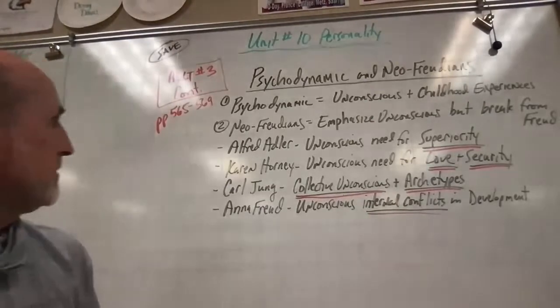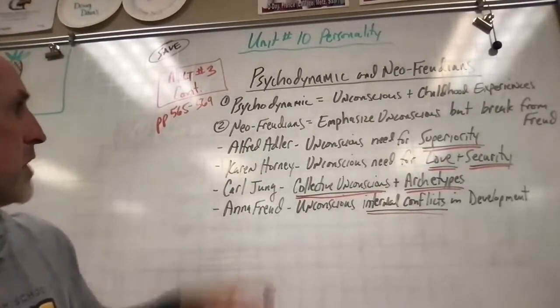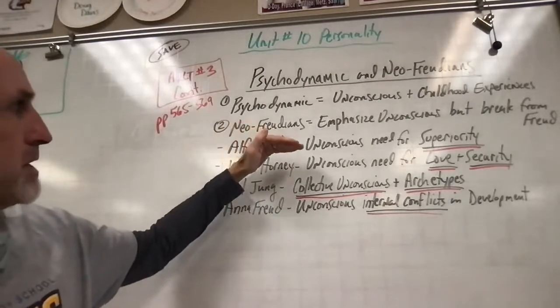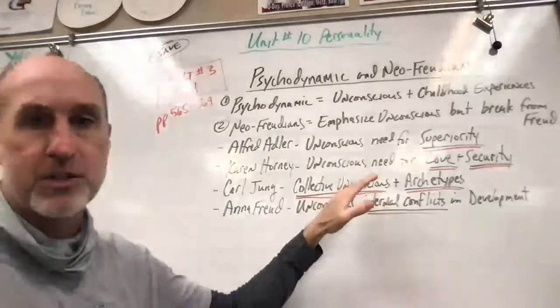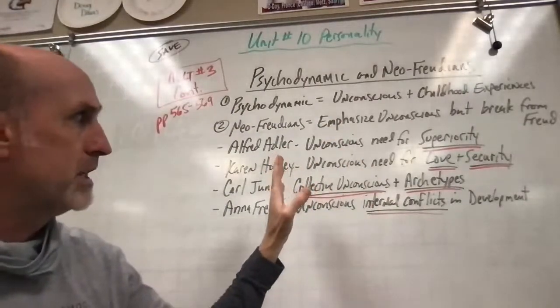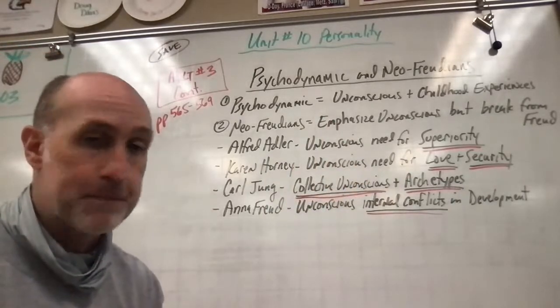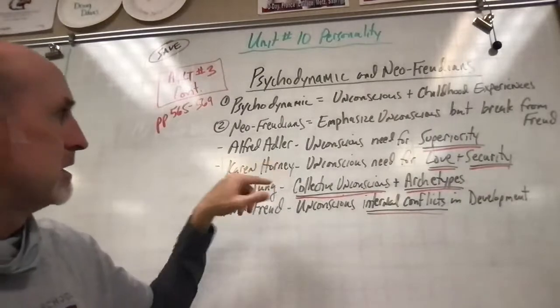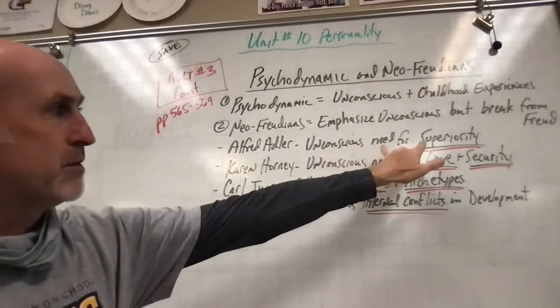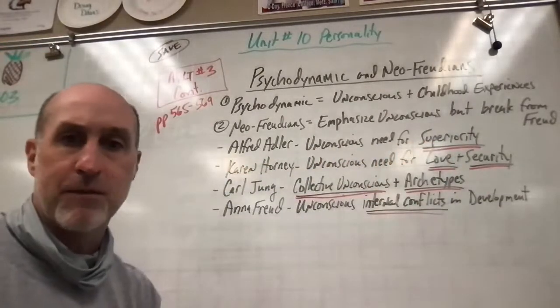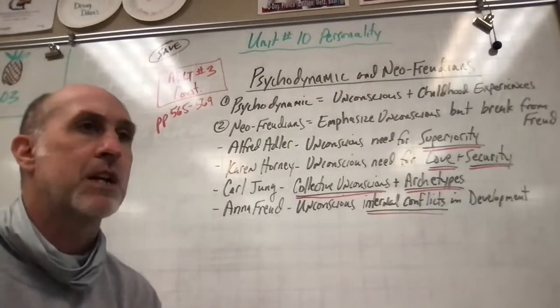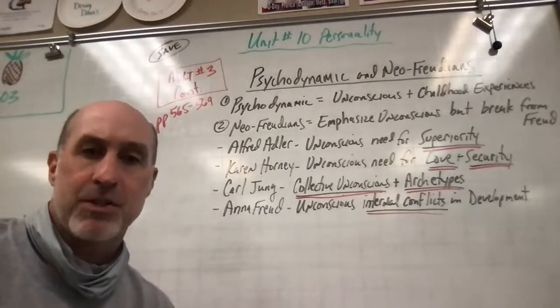Okay. So these four are Neo-Freudians. They emphasize the unconscious mind as the main influence, just like Freud did, but they break from Freud on what specifically is in the unconscious mind. Adler basically said that the main influence in our unconscious mind is our striving for superiority. He believed that unconsciously we strive to master everything.